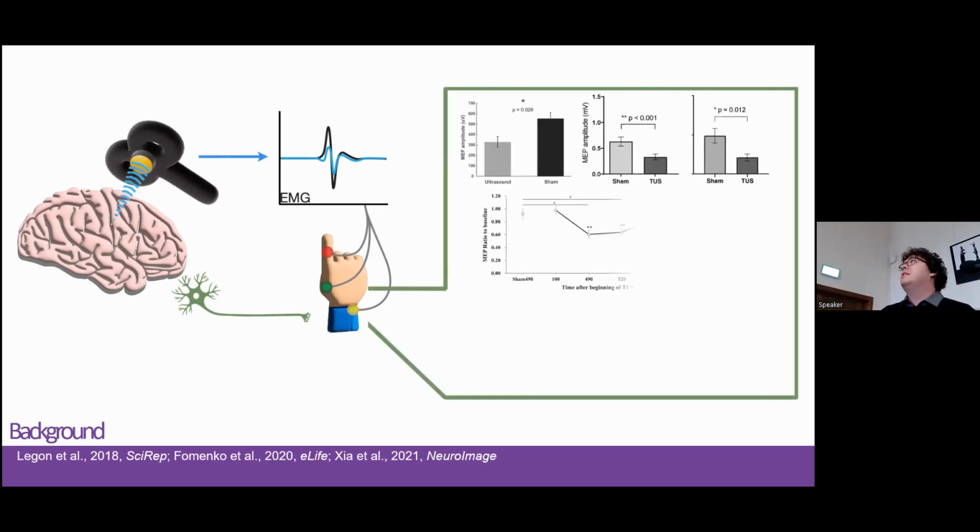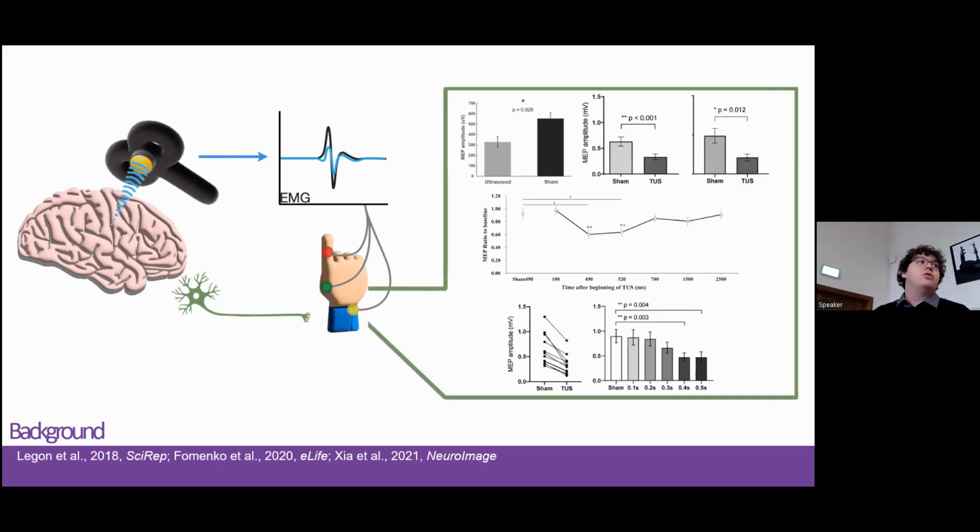Now, that approach has been taken before by a number of researchers, including Dr. Flamenco, Dr. Shia, and Professor Lagon, and they've all observed online motor inhibition. Flamenco also really highlighted the substantial impact of stimulation parameters here, particularly stimulus duration I'm highlighting, where longer durations more significantly attenuate MEP amplitude.